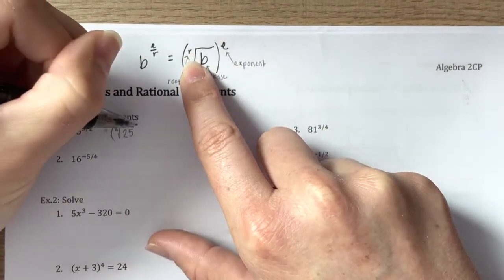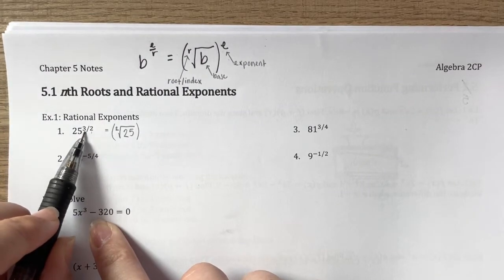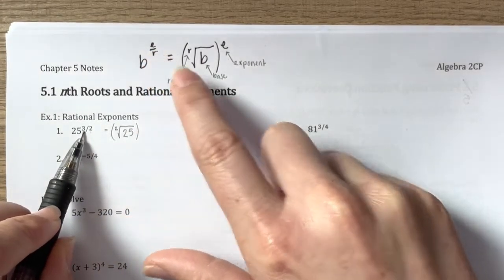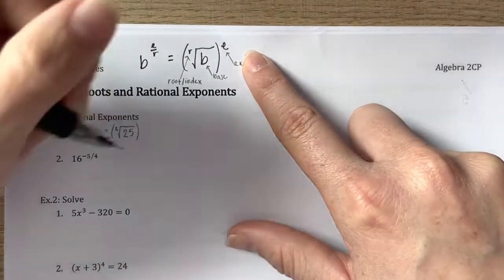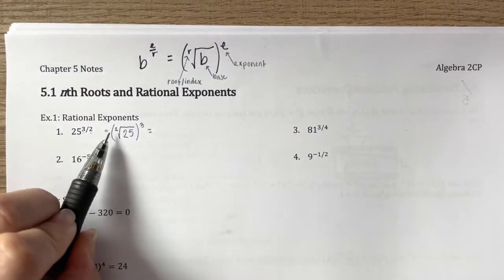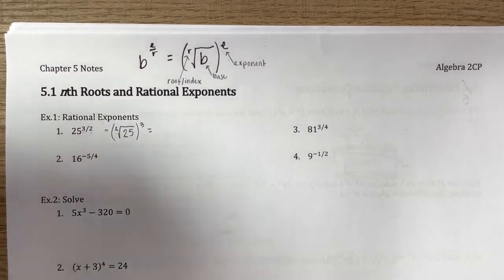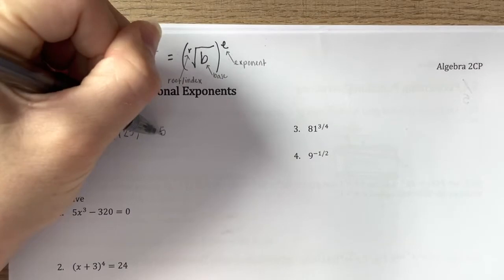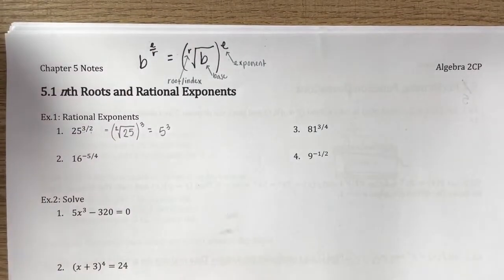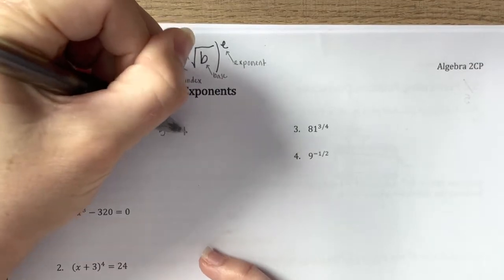The numerator of the rational exponent is e, and that becomes our exponent, so our exponent is 3. This means we have to take the square root of 25 and then raise it to the 3rd power. The square root of 25 is 5, and then 5 cubed is 5 times 5 times 5, so that's 25, or 125.